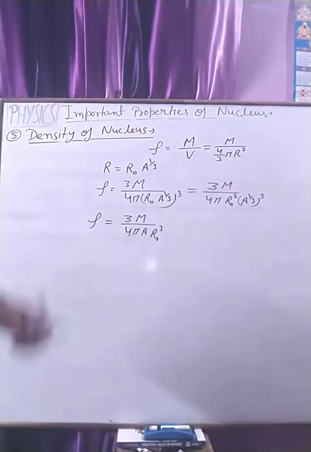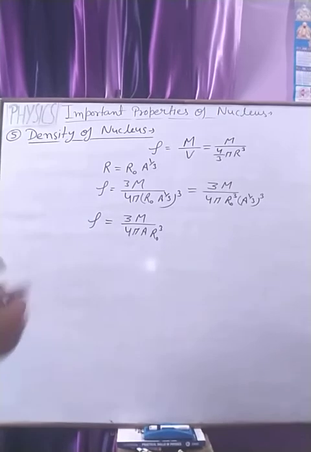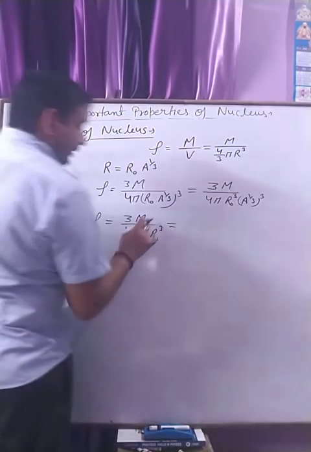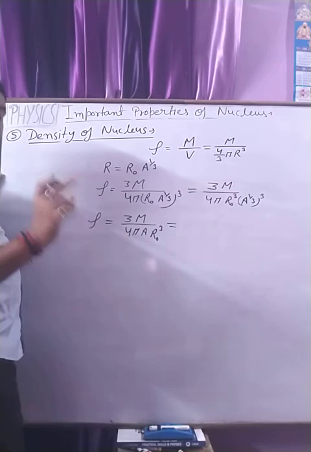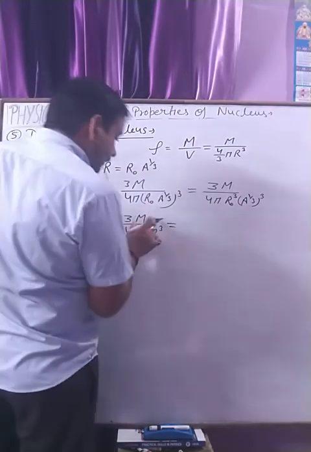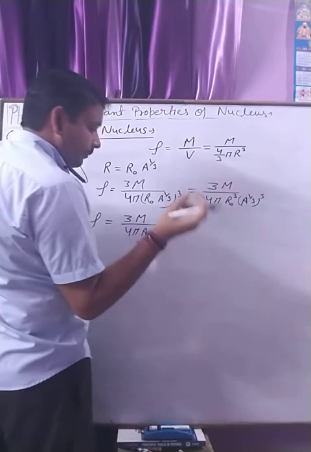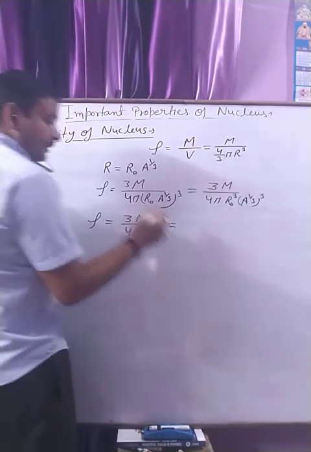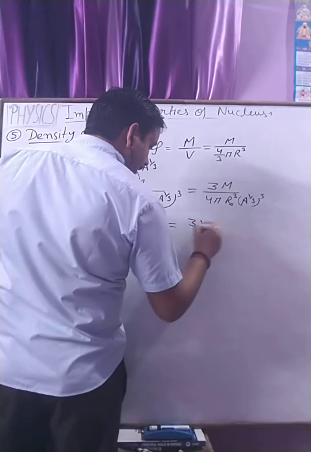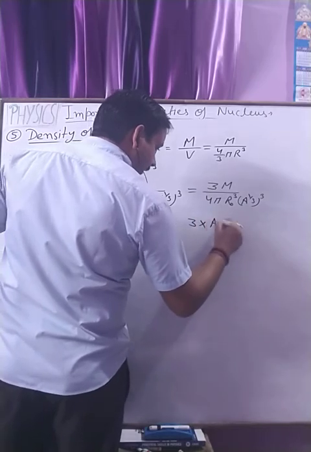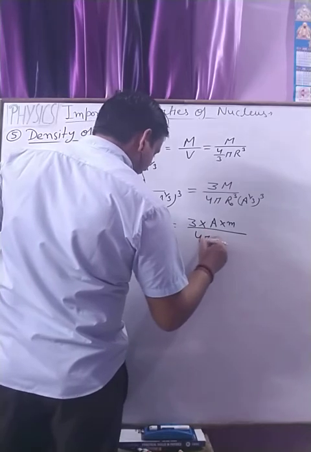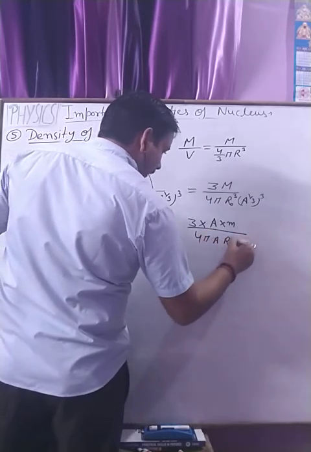Okay, now here we can use in place of m. M is the total mass of nucleus, and for an atom small m we are using 3 into A into small m upon 4 pi A r naught cube.